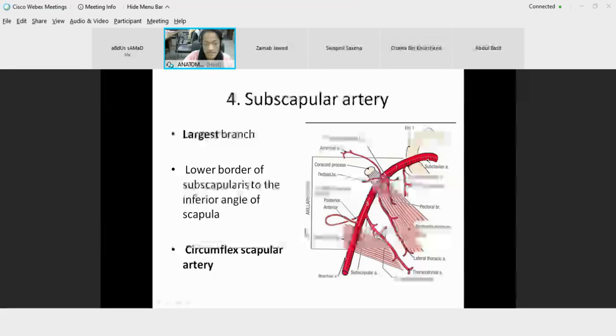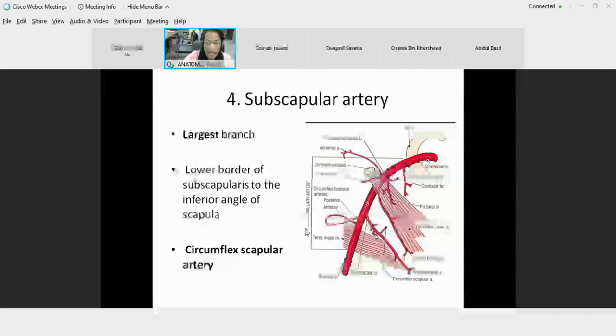It gives one more branch, that is the circumflex scapular artery. When you will be taught about the back region, you will be taught that there are intermuscular spaces: upper triangular, lower triangular, and quadrangular intermuscular spaces. That you will be taught in detail.